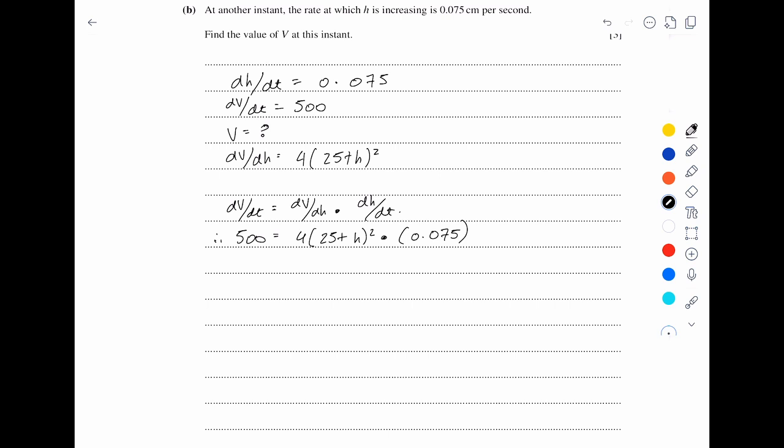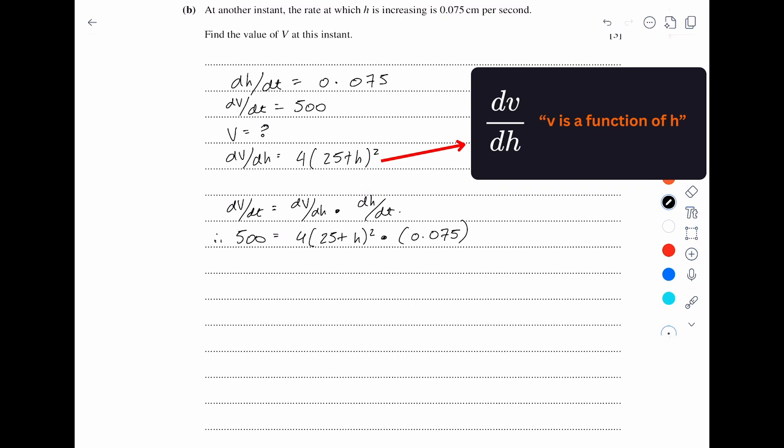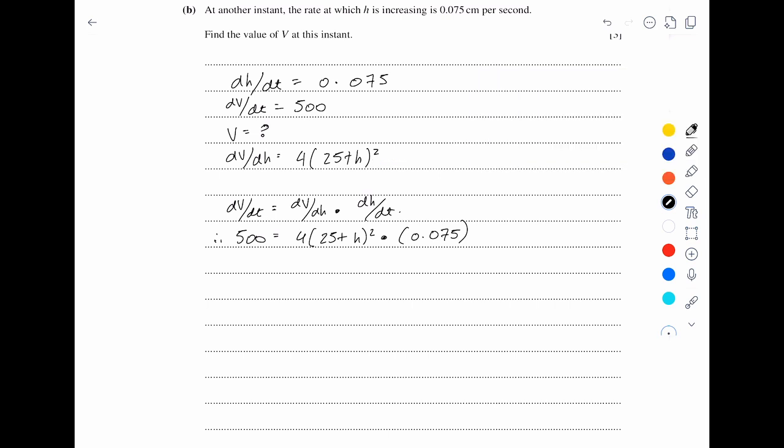Now wait. Before we go any further, I want us to understand why we're doing this. The reason here is that if we find h, which is our unknown here, we can find V, because V is a function of h. So, recognizing that, let's continue.